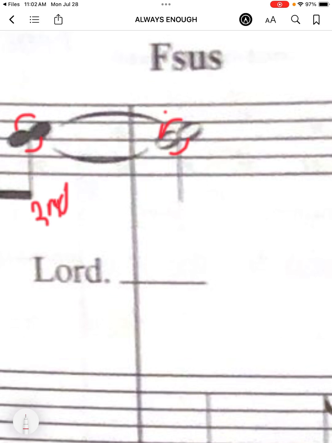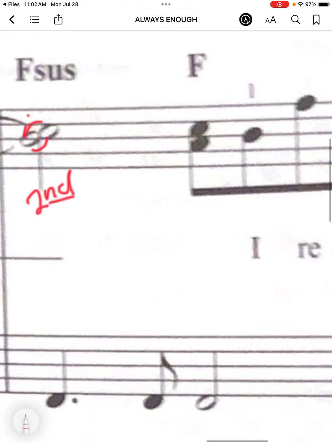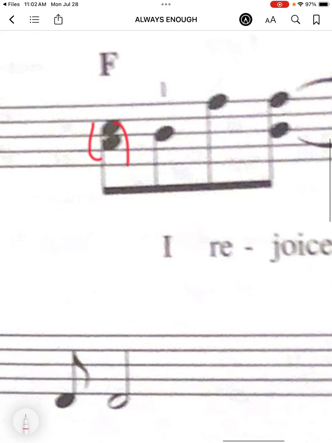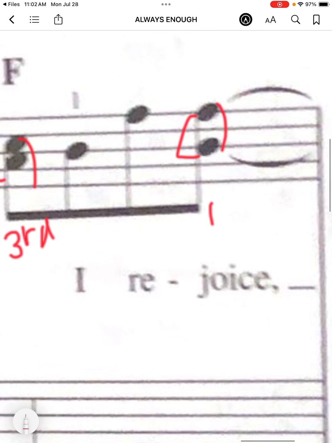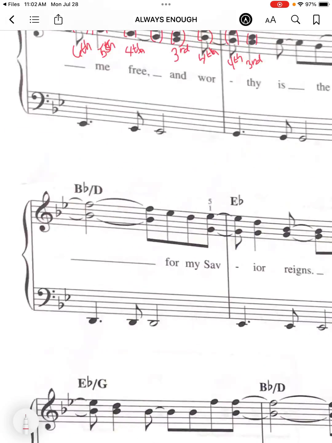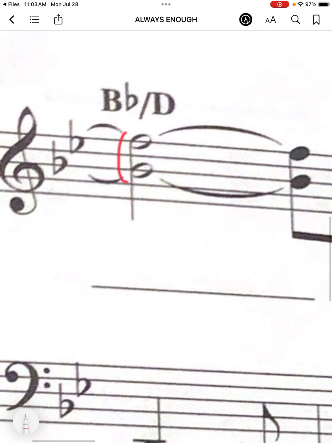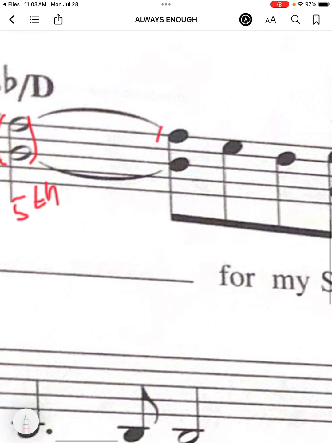Because if I put one of them above the staff, it would be inverting itself to a seventh, I believe. Third, fifth, fifth, that's an E.